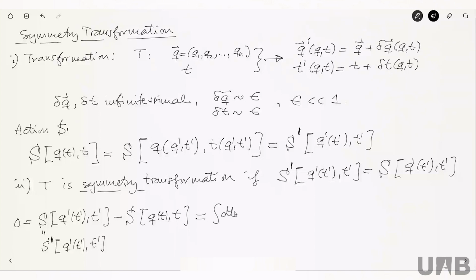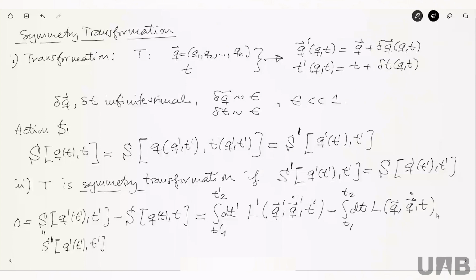So therefore, this is the integral dt prime from t prime 1 to t prime 2 of L. In principle, there will be a new Lagrangian, L prime of Q prime, Q dot prime, and T prime, right? Everything primed as here, minus S. So minus the integral dt from T1 to T2 of the Lagrangian as a function of the unprimed variables, Q and T.